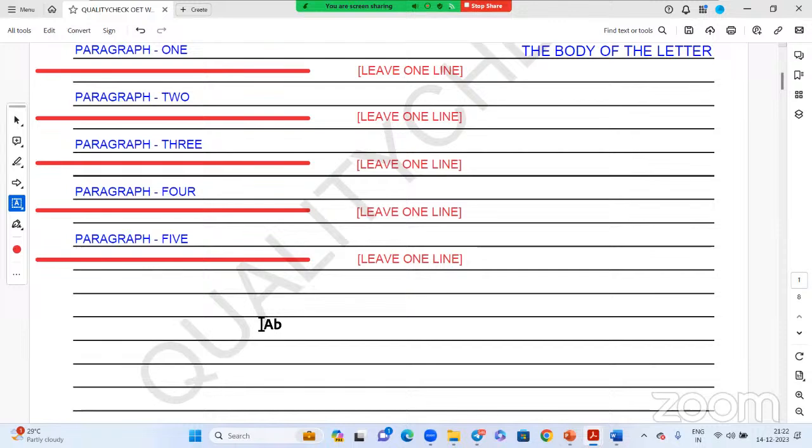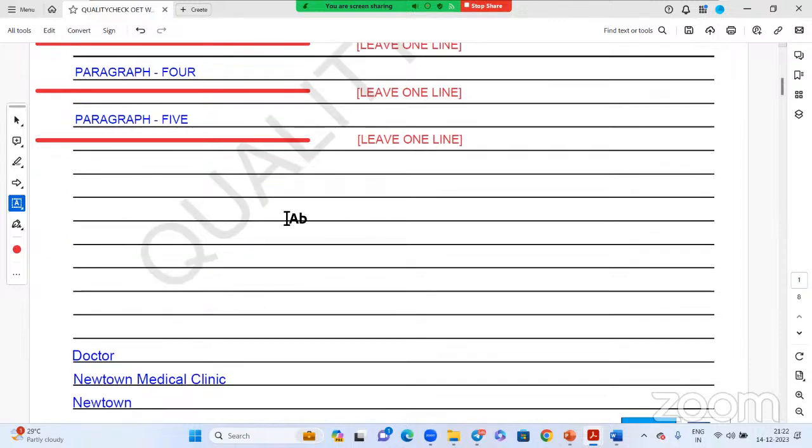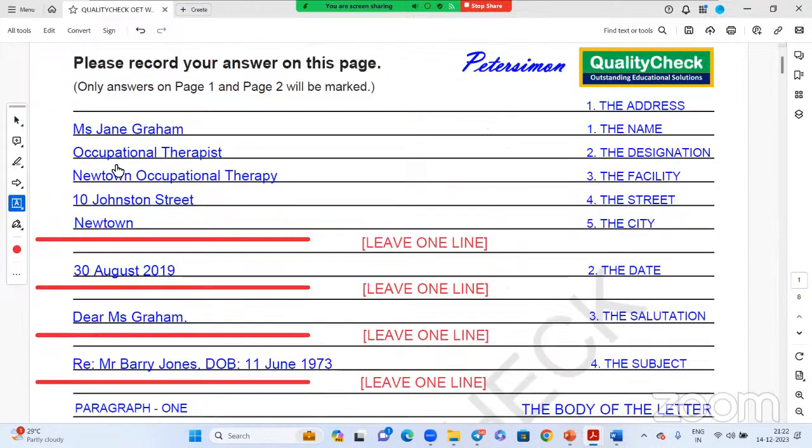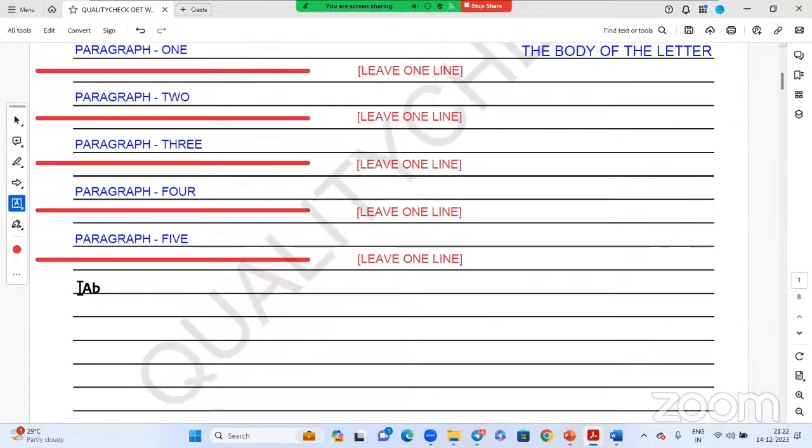Then next one is the leave taking. What will you say? Now you know you are writing to Miss Jane Graham, so you have to write yours sincerely. If the name of the person is there, here the name is there, Miss Jane Graham, so you have to write yours sincerely.